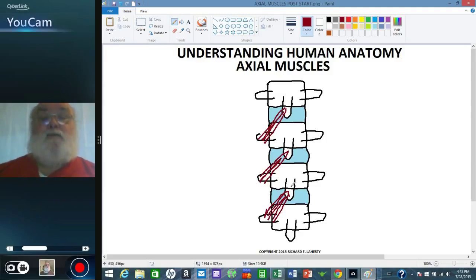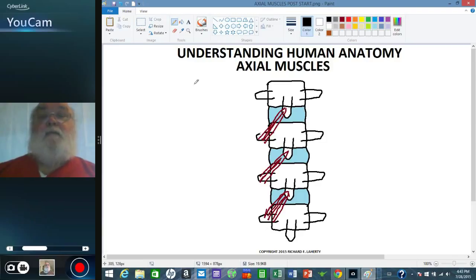Okay, these muscles, again, if the left and right side of the body are acting together, these muscles will extend the spine.